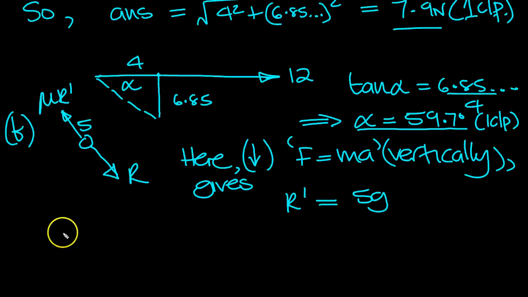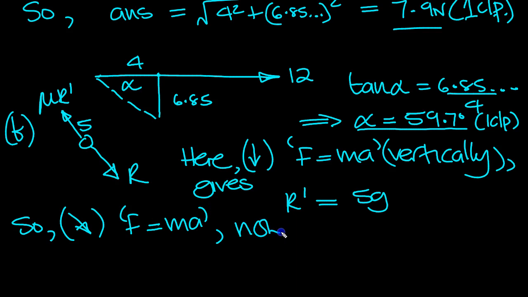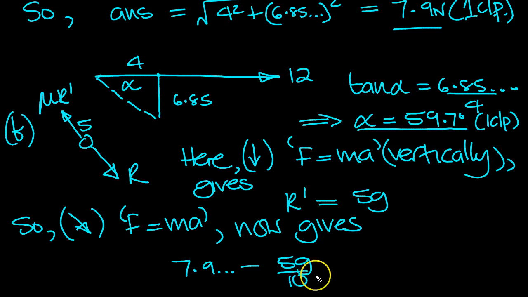Now we can apply F equals ma, resolving in that direction, which now gives this force here, which we've got as 7.9, minus mu R dashed, which was 0.1 times 5g, with g being 9.8, so that's the force, is equal to the mass, 5, times the acceleration.